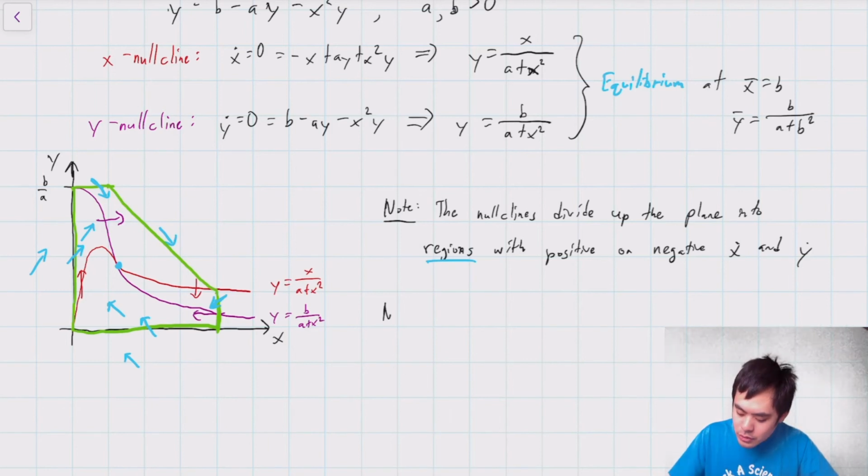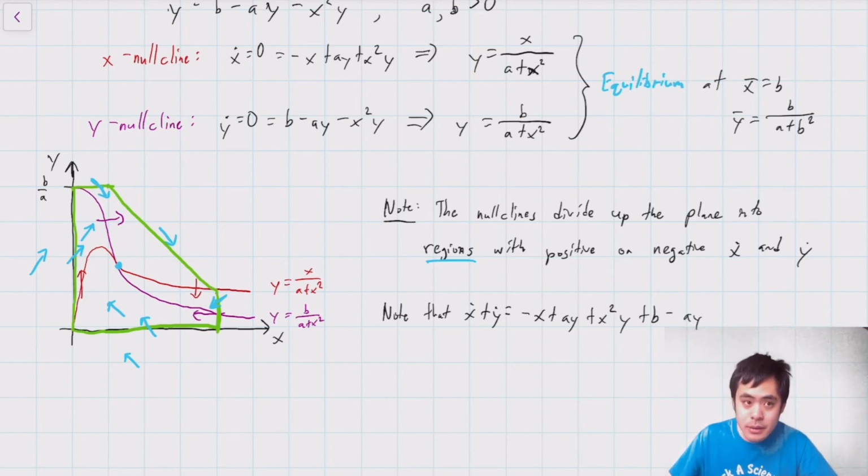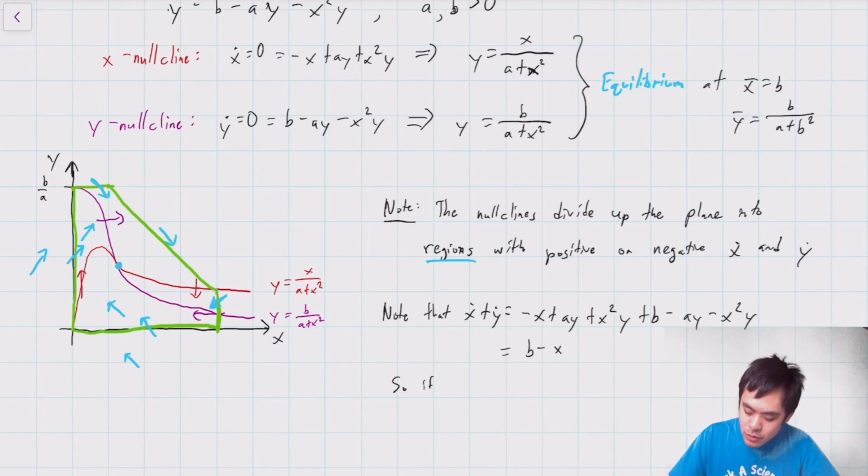And to do that, we note that x dot plus y dot is equal to minus x plus ay plus x squared y plus b minus ay minus x squared y, which is equal to b minus x. So we actually chose this box very carefully. We chose this particular point to be b over a there.